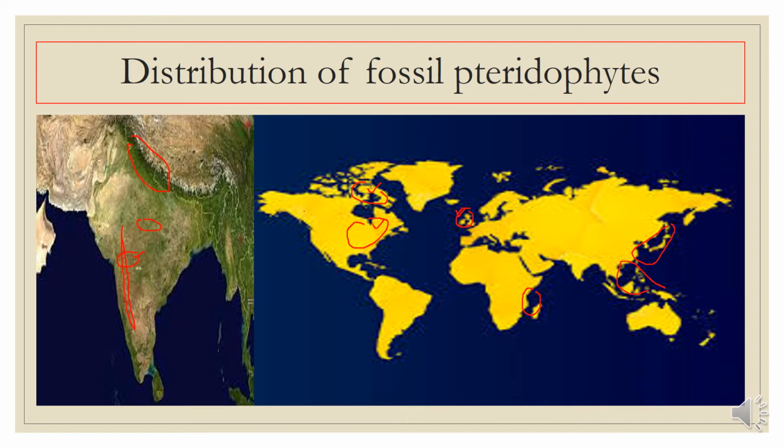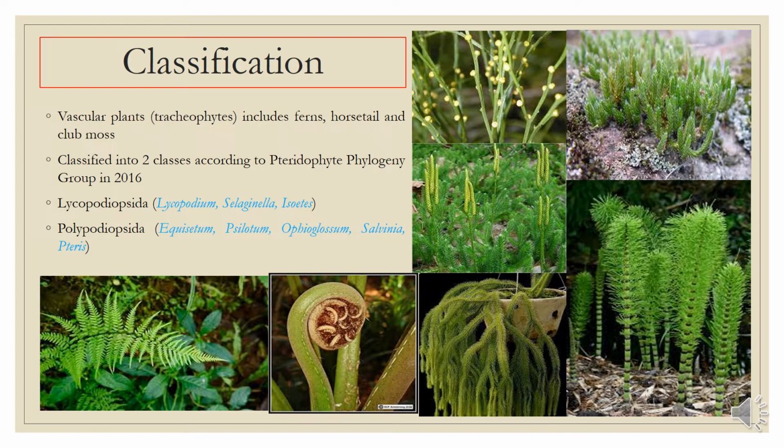They had very small pteridophytes, such as Lycopodium fossils and Equisetum. So these fossils were found there. Also, the Himalayan region has the living pteridophytes.